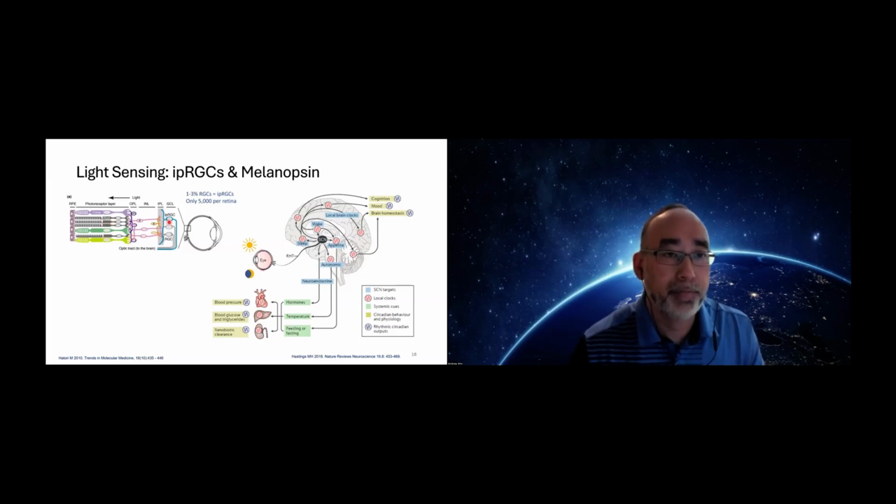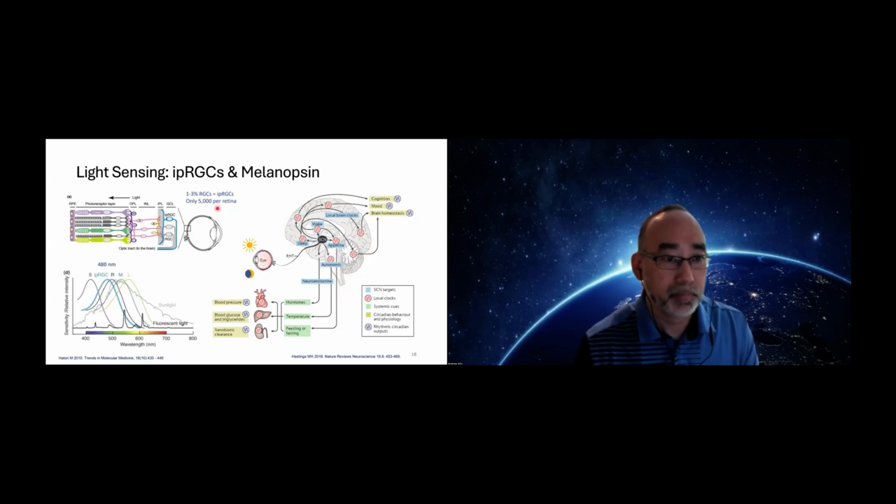And then you have these RGCs, the retinal ganglion cells, which integrate the data that you get from these rods and cones. About 1 to 3% of these RGCs are what's called ipRGCs, intrinsically photosensitive RGCs. And there are only about 5,000 ipRGCs per retina.